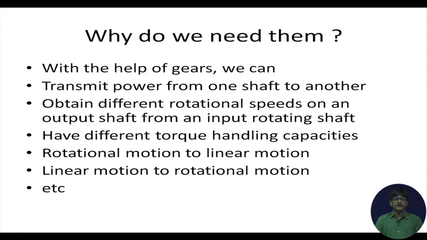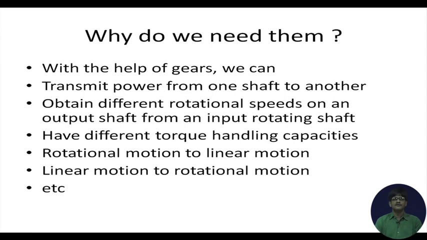Second, we can obtain different rotational speeds on an output shaft from an input rotating shaft. If there are two shafts and you have 1000 RPM on the input shaft, and someone asks you to drive the output shaft at 500 RPM, then if you use gears, it is possible.